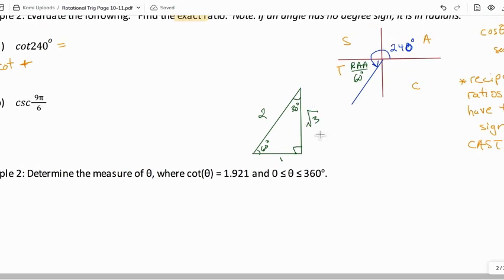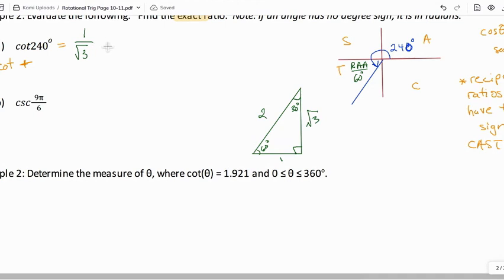Having this, now I'm finding the cotangent. Remember, cotangent is the reciprocal of tangent. If tangent of 60 is opposite over adjacent, what is cotangent of 60? Adjacent over opposite.